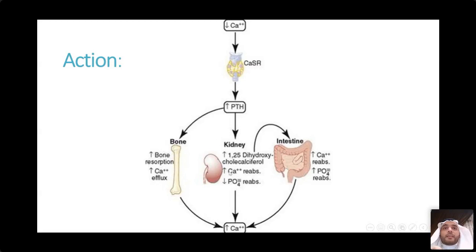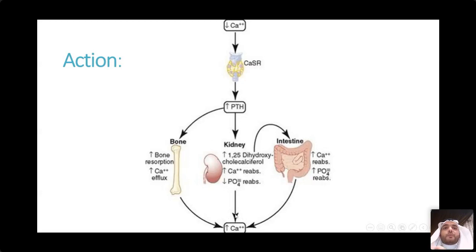It also goes to the kidney, which increases calcium reabsorption and decreases phosphate reabsorption, or increases phosphate excretion, and activates the active form of vitamin D, 1,25 dihydroxycholecalciferol, which goes to the intestine and increases calcium and phosphate reabsorption, all leading to high calcium.